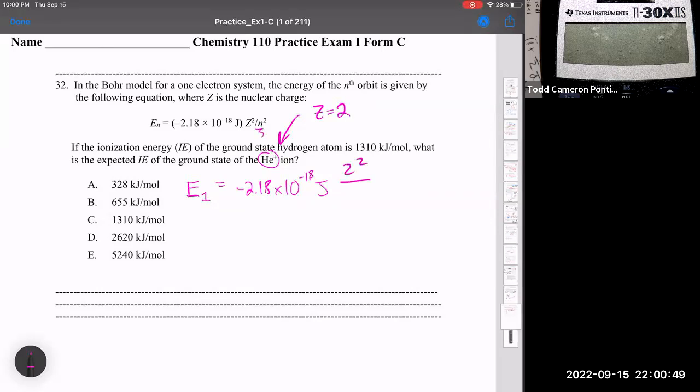And n in the ground state is going to be n equals 1. It's the lowest energy level. So all of this together ends up giving us negative 8.72 times 10 to the negative 18th joules, and that's per electron.